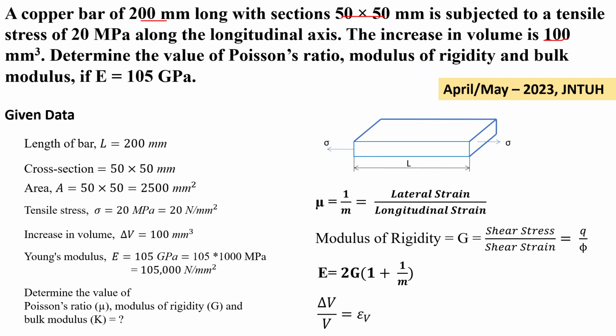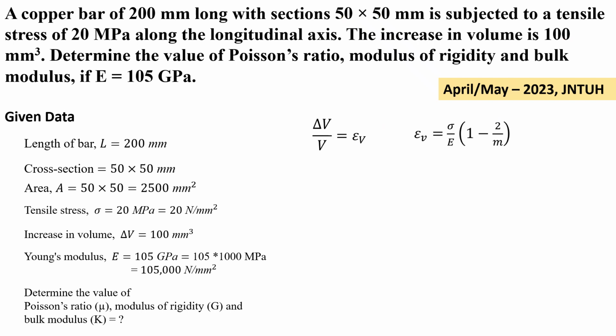And we know the relationship between the volumetric strain and the Poisson ratio: epsilon V equal to sigma by E into 1 minus 2 by m. We determine the Poisson ratio by using this formula. First we have to determine the original volume.